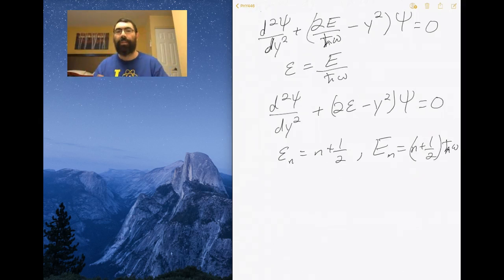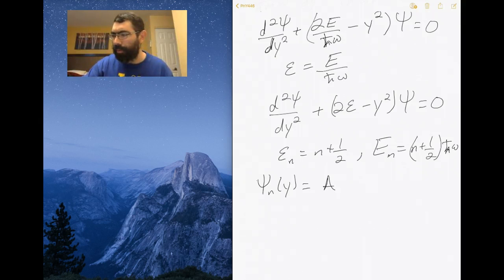So again, we get the quantized energy the exact same way as when we solved this with Frobenius's method, or the method of a series solution. And that means that our wave function now is going to be of the exact same form as before. There's a normalization constant divided by 2 to the power n factorial.